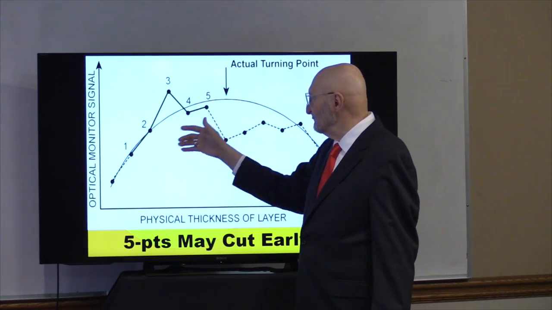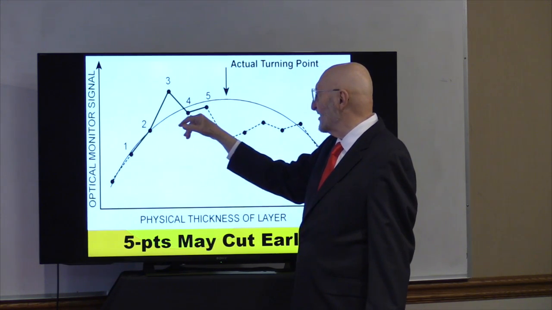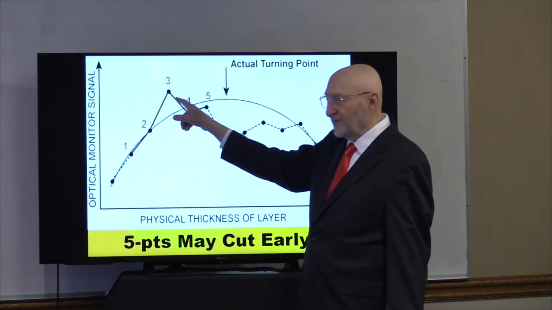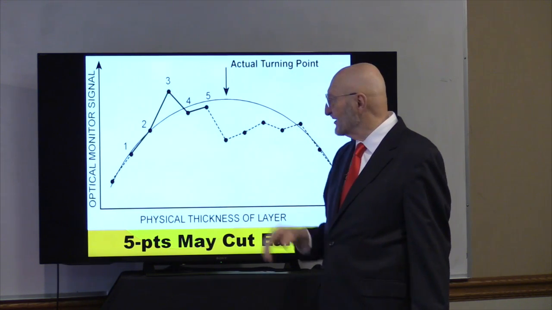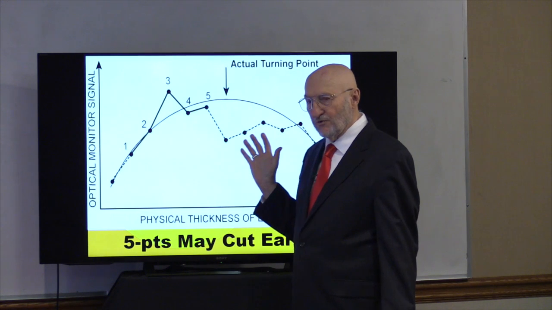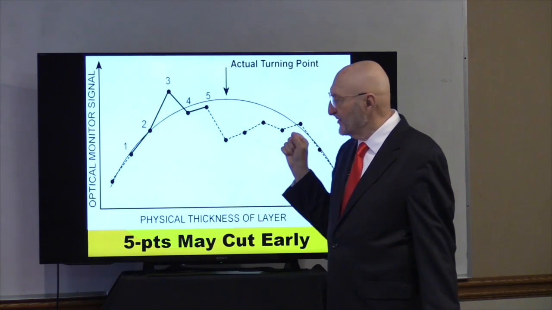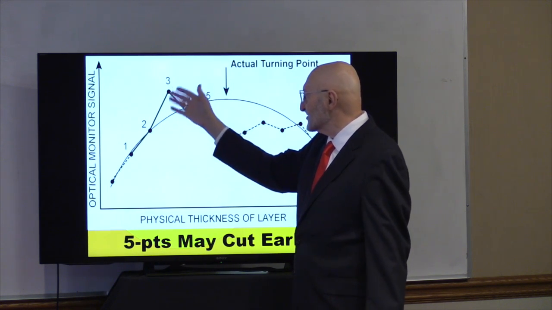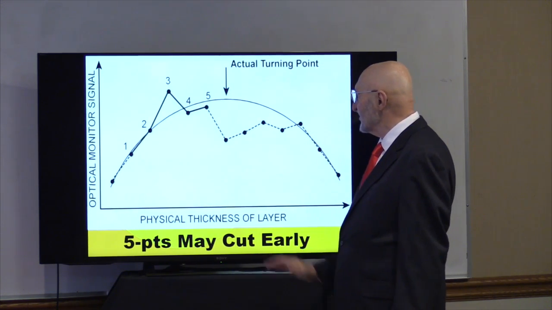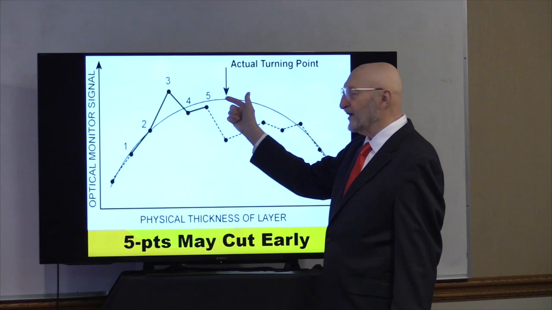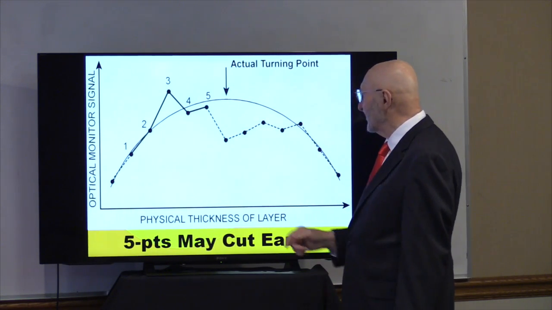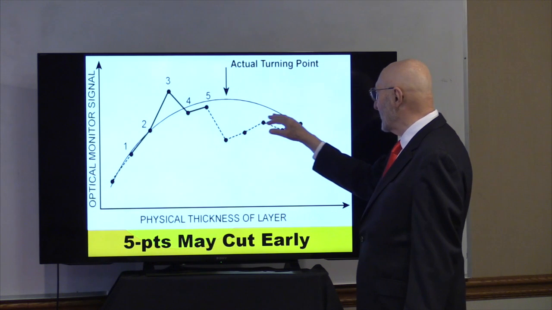But if I take 5 of them, then I've got to have 2 that are lower than the highest one before I would say, okay, I've got a turning point. And of course, if there's no noise, this is perfect. But if there is noise, you can see that the noise influences it. And so this will tend to cut before it gets to the actual turning point a little bit. And then if I go on, these would be my data points.